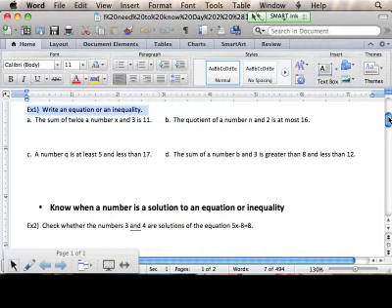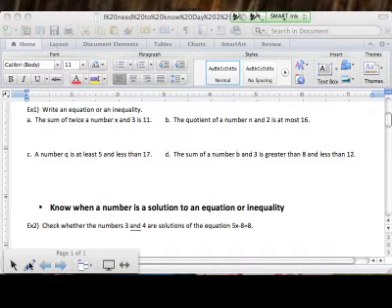All right, so now we're going to take those ideas and put them into practice. It says write an equation or inequality based on the given phrases. The sum of twice a number x and 3 is 11. A couple key words: sum, is, and twice.